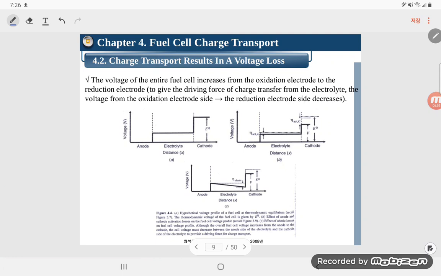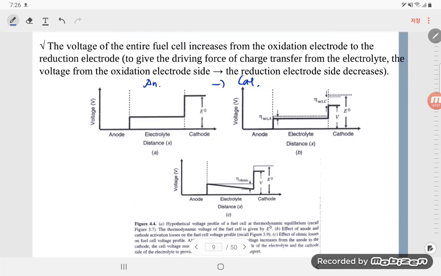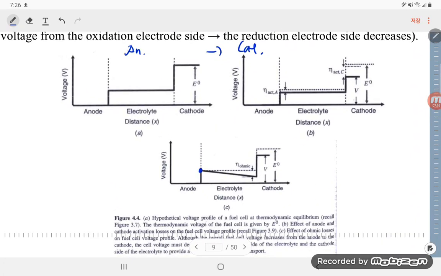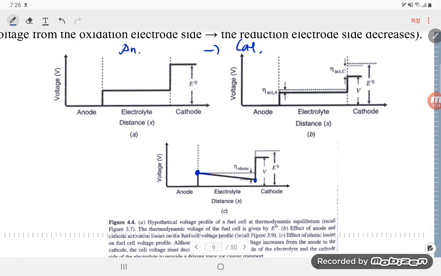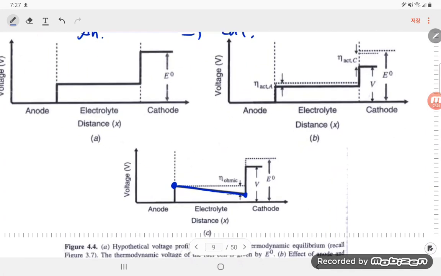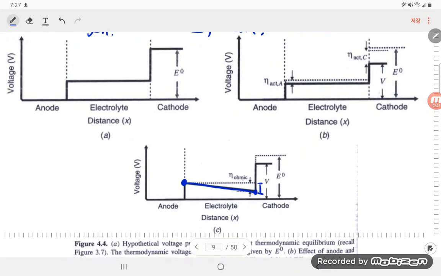The voltage from the anode to the cathode decreases. So the potential is higher on this side, and the cathode side has a lower voltage. If we make a graph for the voltage drop, the amount of this difference is the ohmic loss.